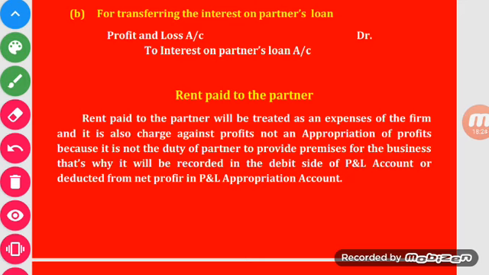That's why it will be recorded in the debit side of profit and loss account, or deducted from net profit in profit and loss appropriation account, as I told you.